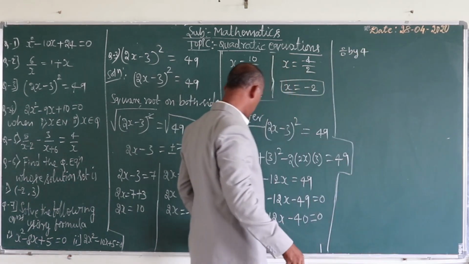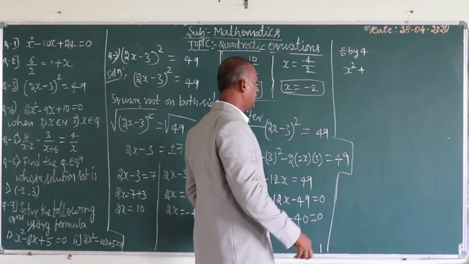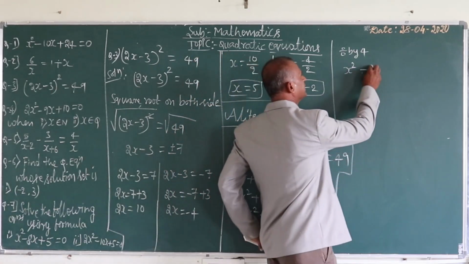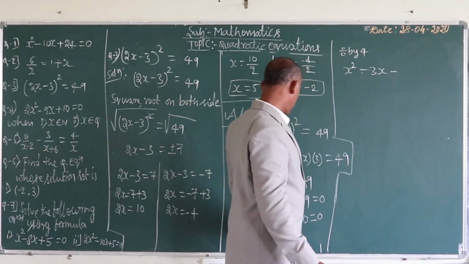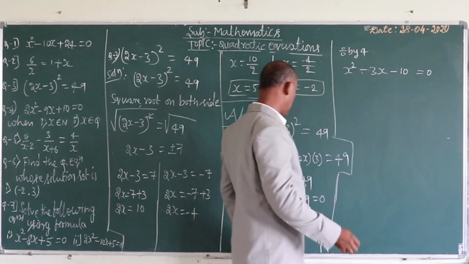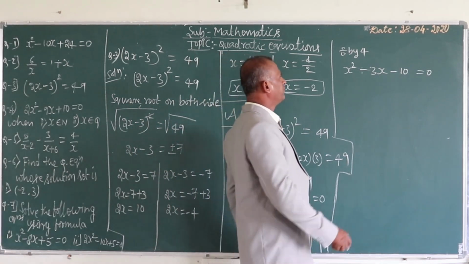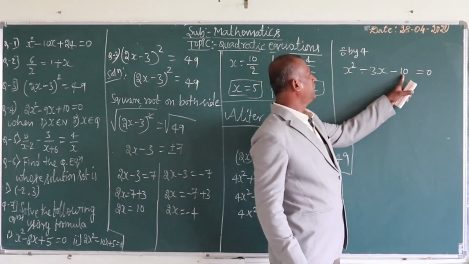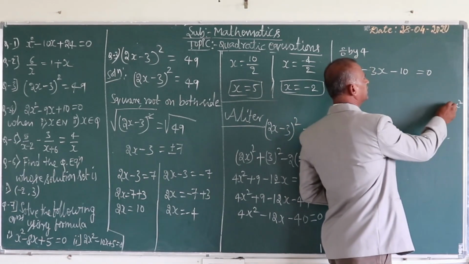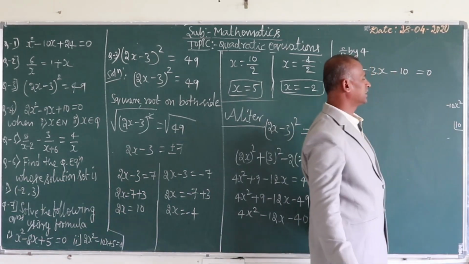Dividing by 4, 4 ones are 4, so we write x square, minus 4 threes are 3x, minus 10 equals 0. Now for this 10 we take factors.